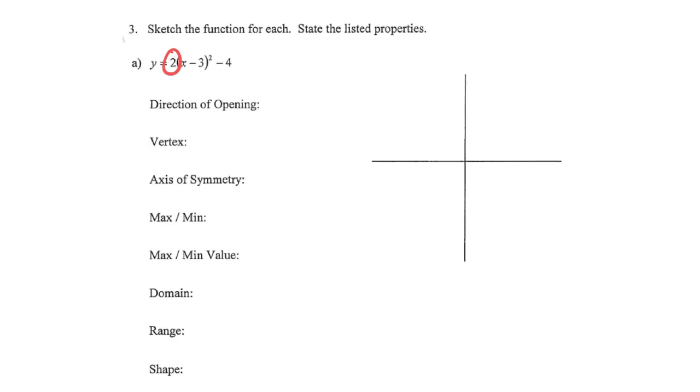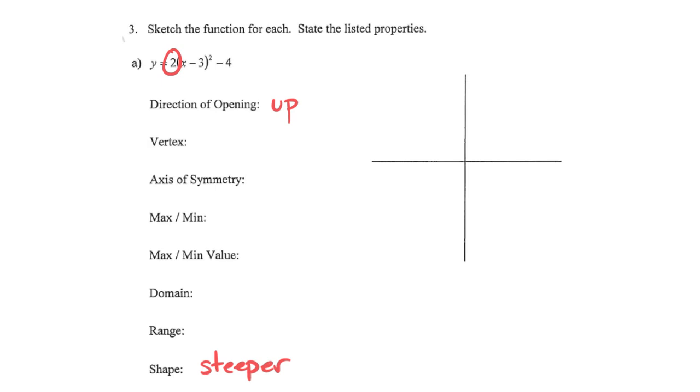That is going to affect my shape. It is not going to affect my direction of opening because it's positive. So my direction of opening will still be up. My shape then is going to be steeper. I can tell those two properties just from that 2.